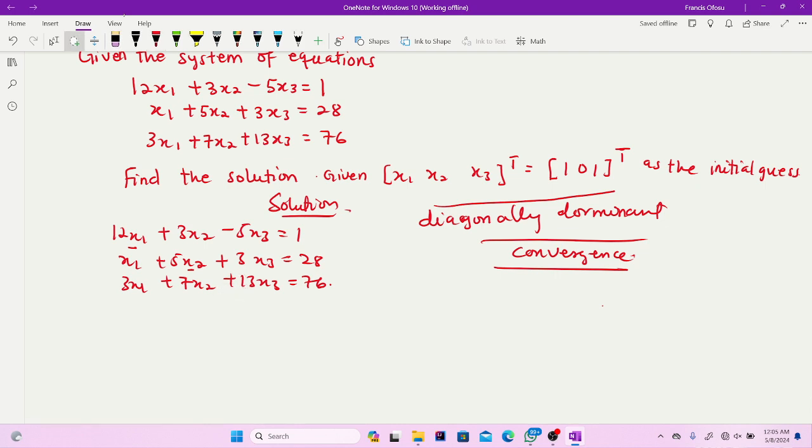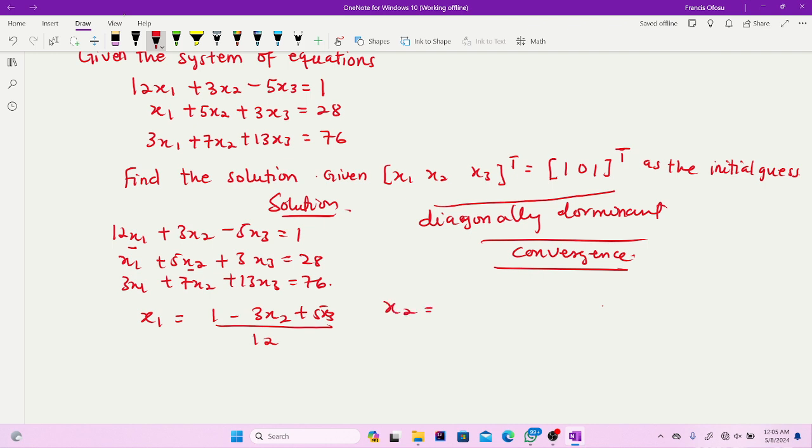So for this equation, to apply Jacobi's method, you simply make x1 the subject in the first equation. So our x1 will be equal to 1 minus 3x2, and I'll send the 5x3 over, so it will be plus 5x3, all over the coefficient of x1, which is 12.